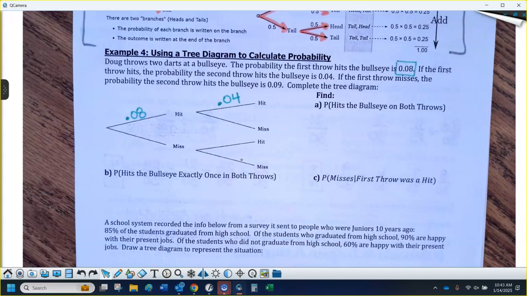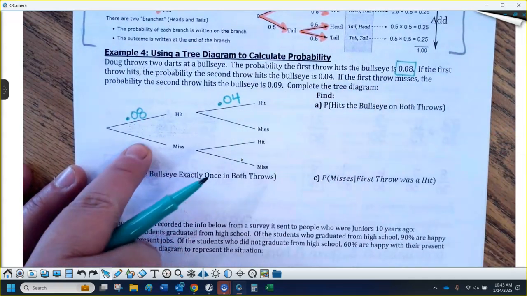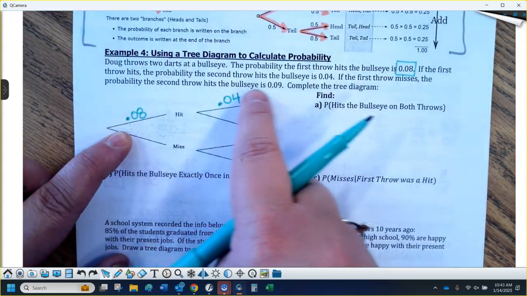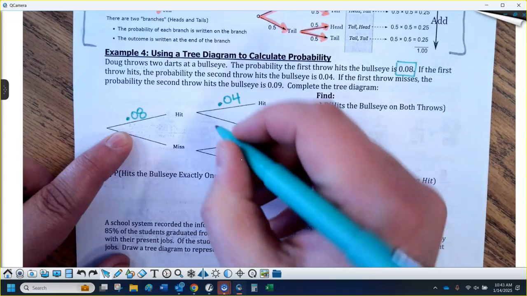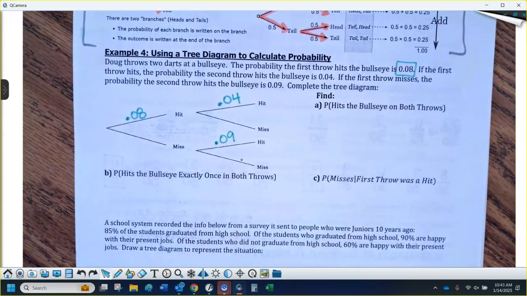If the first throw misses, the probability the second throw hits the bullseye is 0.09. I don't have all this filled in, but based on what this says, if the first throw misses, I would be on this branch, and the probability the second throw hits the bullseye, so hit, is 0.09.